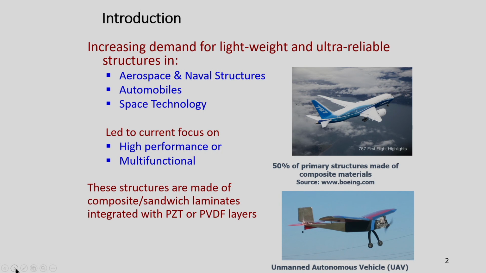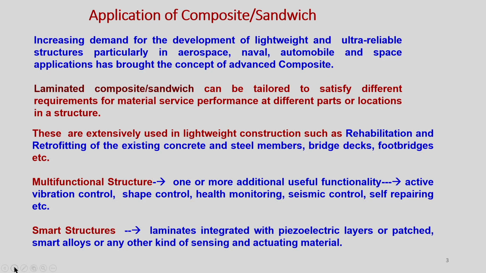Besides that structural performance, they are able to do one more task, able to control and able to sense, which is known as multifunctional. So, when these structures are integrated with some smart materials, then these are known as smart structures.